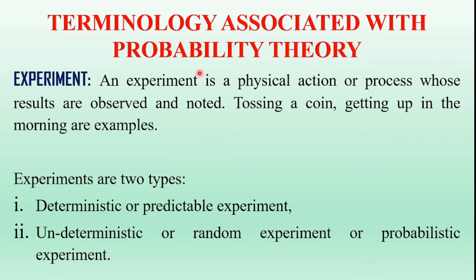A deterministic experiment is also called a predictable experiment, and an undeterministic experiment is also called a random experiment or probabilistic experiment. First, we are going to discuss the deterministic experiment definition with an example, and next the undeterministic experiment definition with an example.